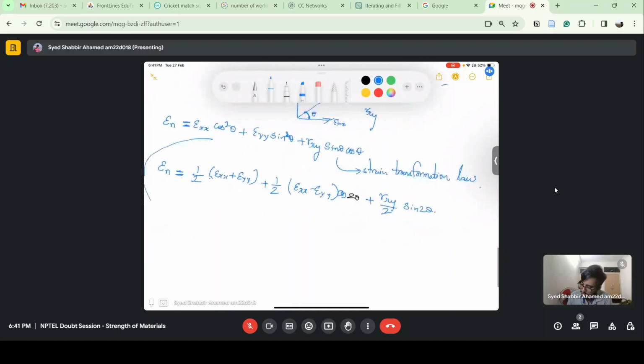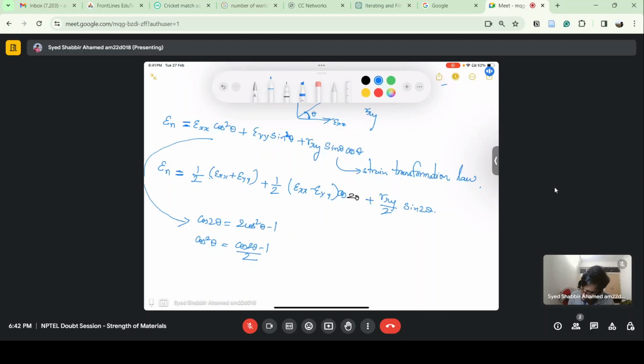I hope you know this. cos 2 theta can be written as 2 cos square theta minus 1, so cos square theta is (1 plus cos 2 theta) by 2.